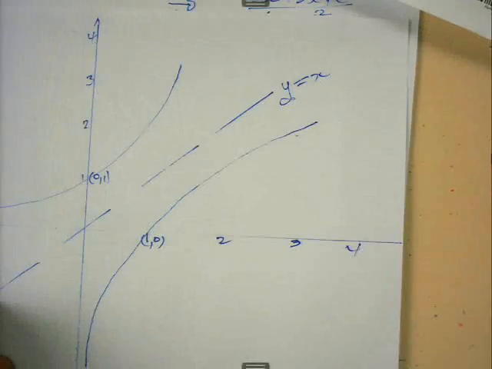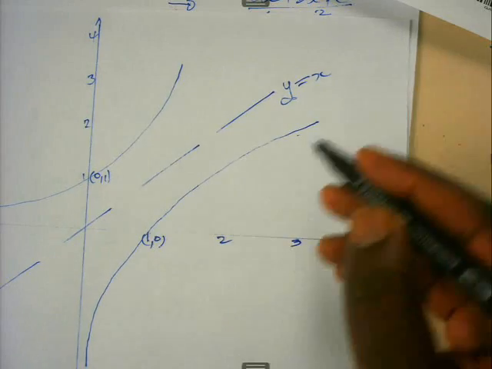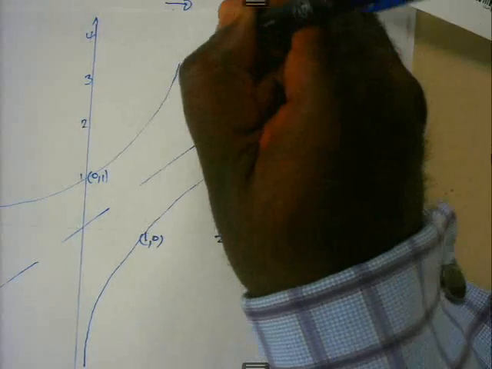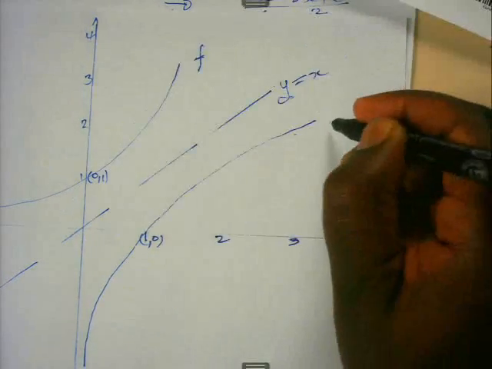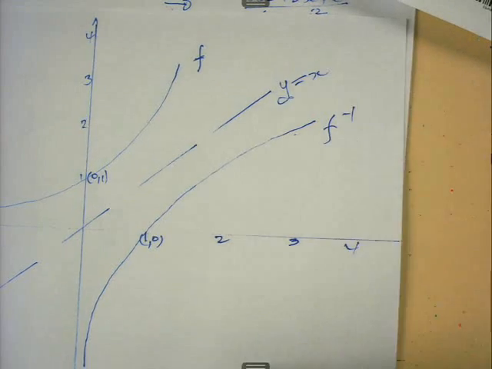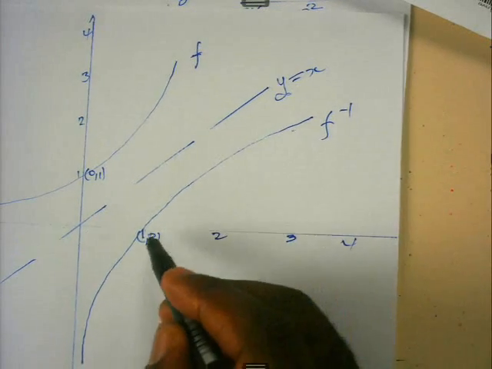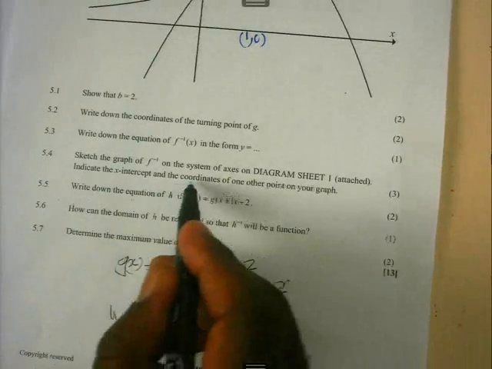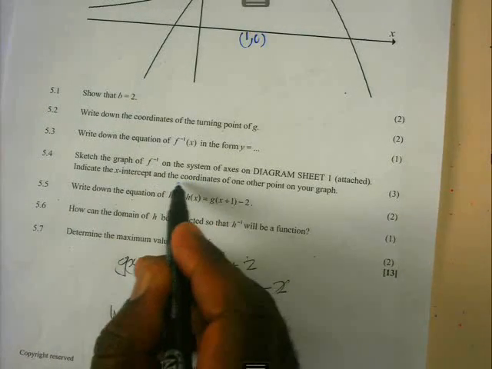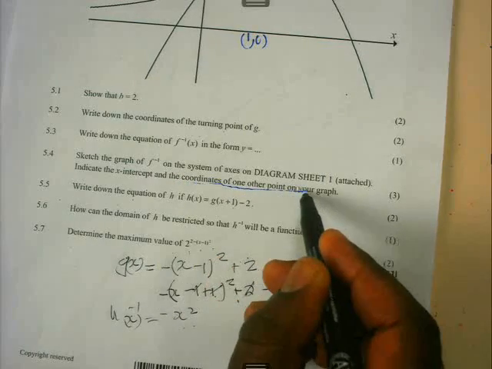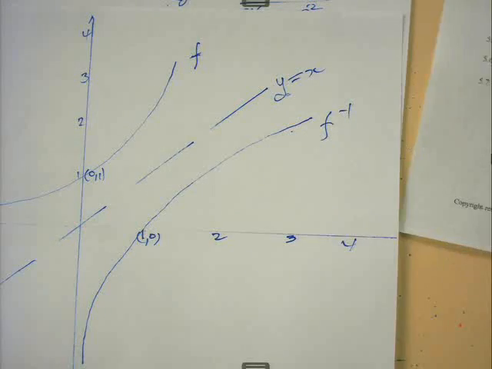Right. Now this is where I am. Let's have a look at this. Because this is a function graph, this is a function graph, and this is the inverse graph. When you look at this, let's look at this point, because I want us to answer the second part that says, and the coordinates of one point on your graph, which must also be indicated.